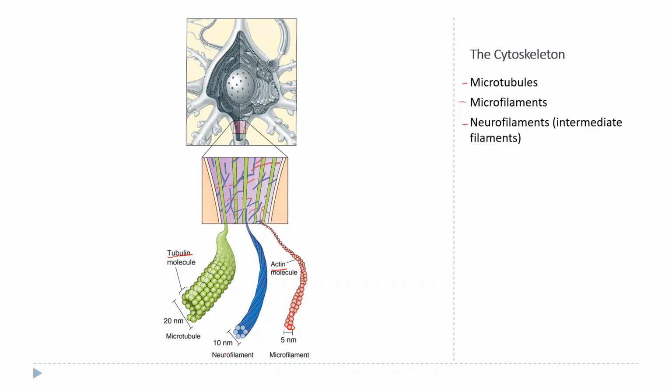And then neurofilaments are made of actually several different kinds of proteins, and they all have different functions depending on the cell type. Again, they mostly act as kind of a scaffolding. Usually when you see the inside of a cell in a diagram, it kind of looks like everything's just sort of floating in empty space.